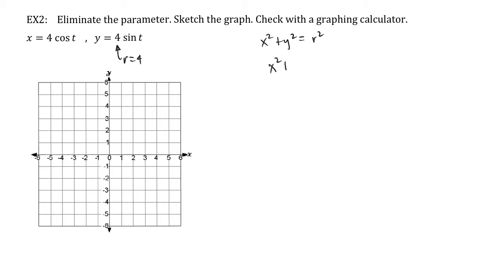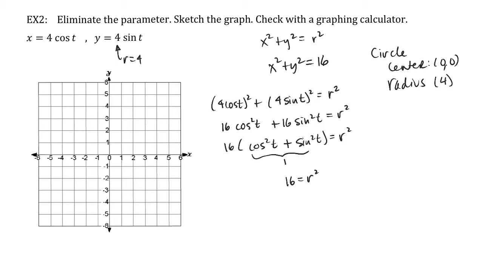So we've got x squared plus y squared equals 16. So it's going to be a circle. It's going to be centered at 0, 0, and the radius is going to be 4.